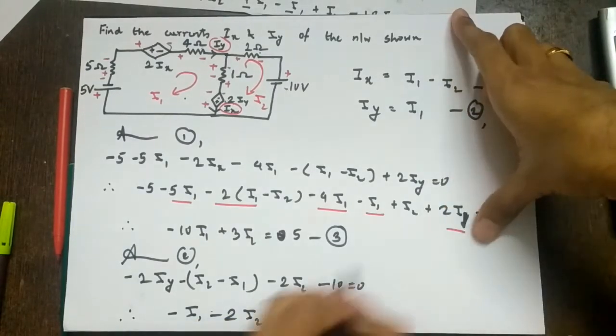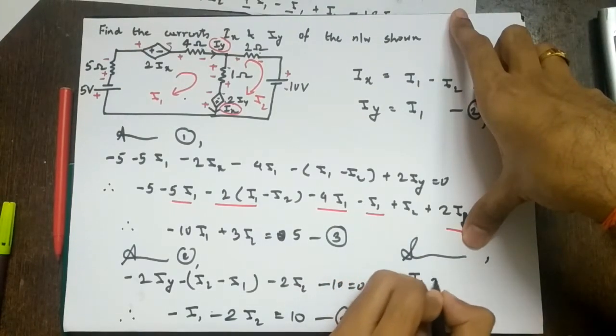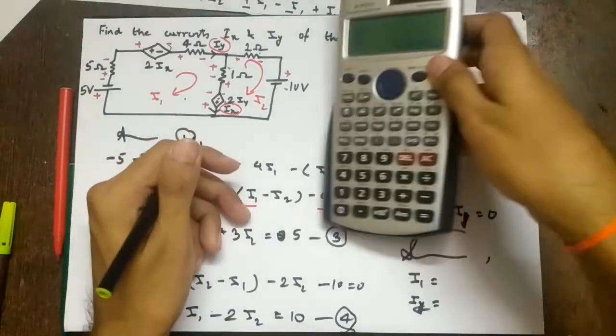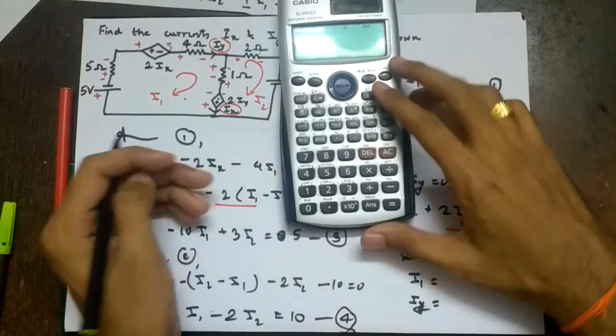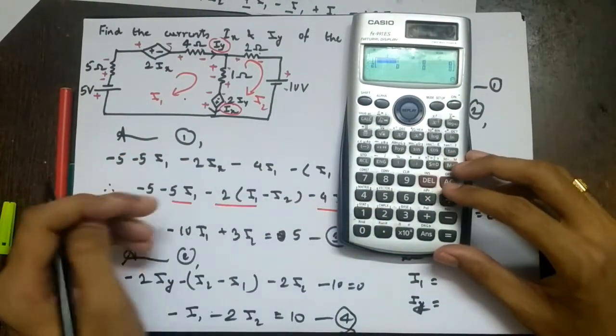Right? So we have got both the equations. Solving simultaneously, we get I1 equal to, I2 equal to. So we have to solve that.